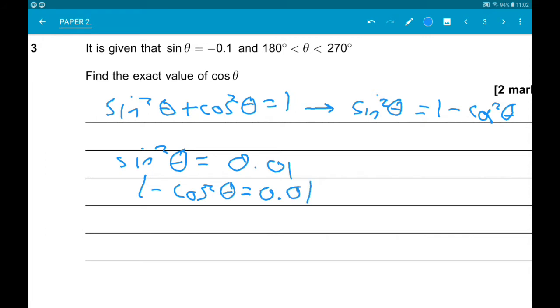Now if we add cos squared, subtract 0.01, we can get cos squared theta is equal to 0.99.